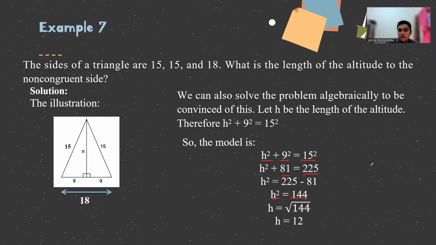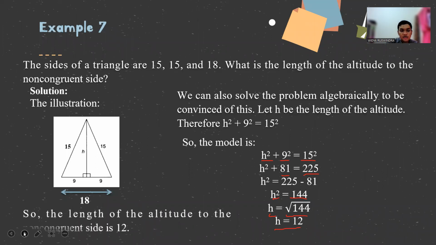So we take the square root of both sides, and we get h equals the square root of 144. So the h value is 12. So the conclusion: the length of the altitude to the non-congruent side is 12.